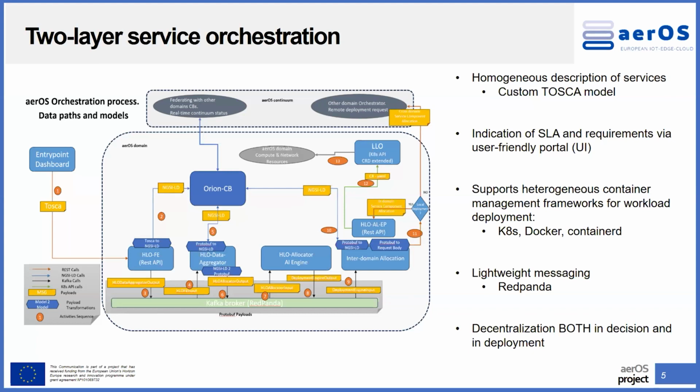It can also see all the services that are deployed on these hosting elements and their connections. The orchestration can make use of this federated information on the status of the whole continuum at any given time.